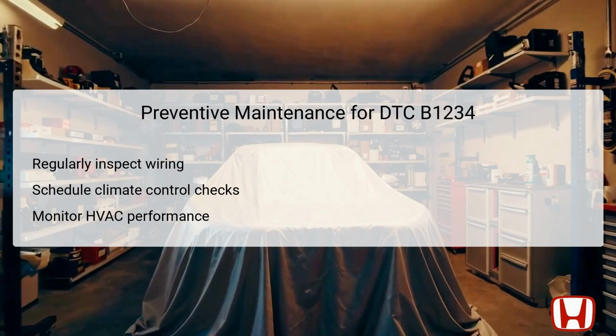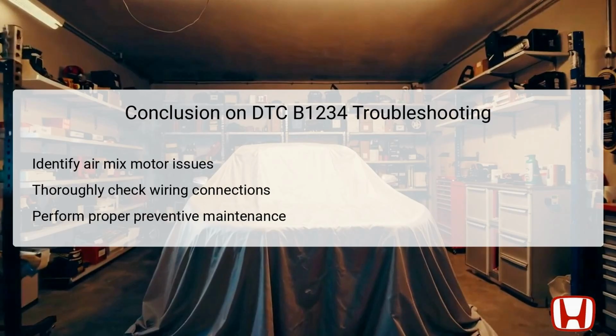In conclusion, diagnosing and resolving DTC B1234 requires a systematic approach to identify and remedy issues related to the air mix control motor circuit. By starting with the verification of DTCs, technicians can methodically assess the integrity of the entire system, focusing on both the air mix motor and its wiring.